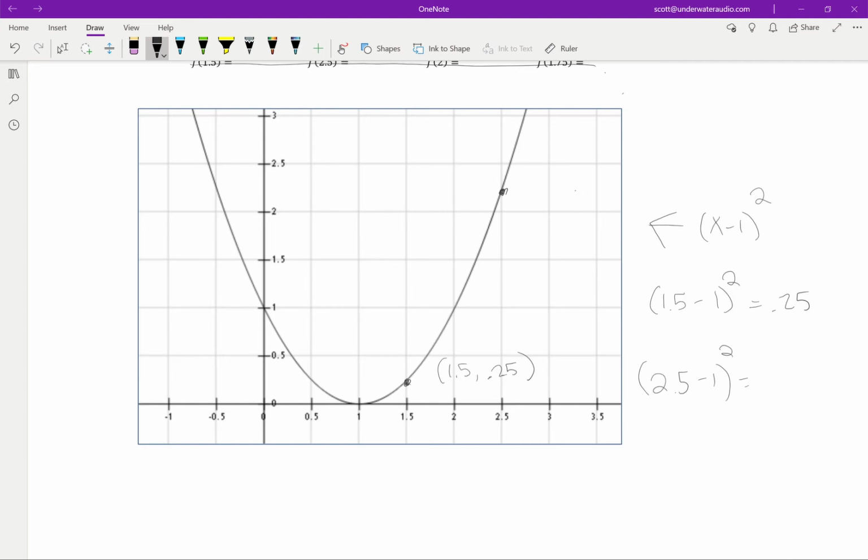All right, 1.5 squared is 2.25. And that looks like it matches; that does look like 2.25 on the y-axis. So this is the point 2.5 and 2.25.